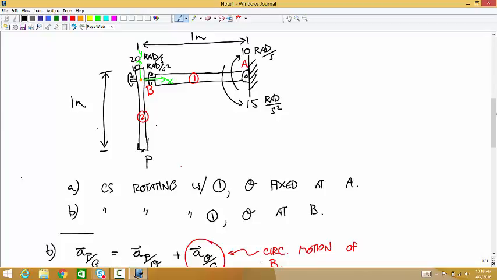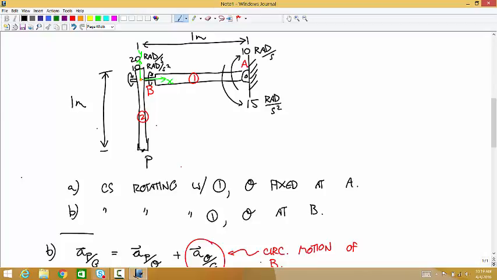If the observer is fixed at B and rotating with body 1, what's the motion that you see for this point? Circular. Yeah, good. So we just need to figure out the velocity and acceleration of this point coming from that circular motion around that axis.